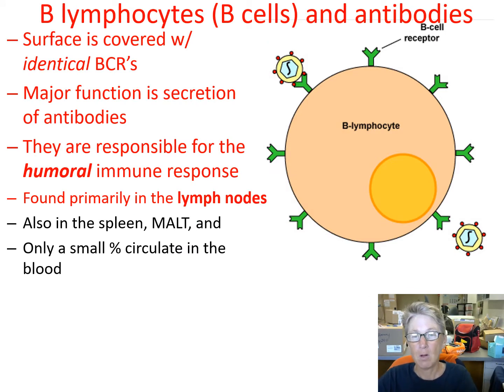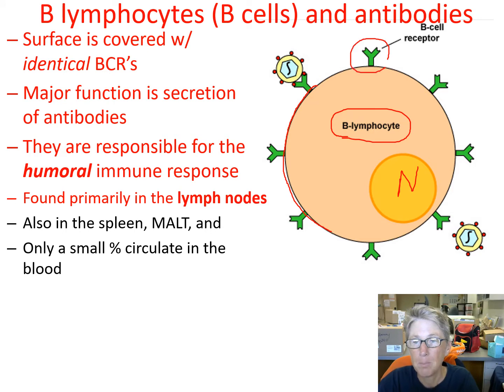So here's our hero of this video, the B lymphocyte. Here's its nucleus. Here's its plasma membrane, which is made of a phospholipid bilayer. And then here's the B cell receptor that will recognize specific shapes as shown in this virus.